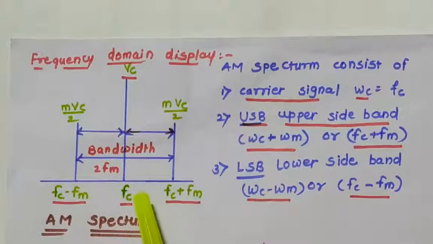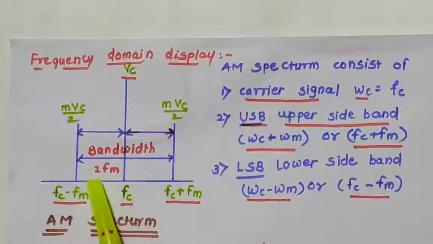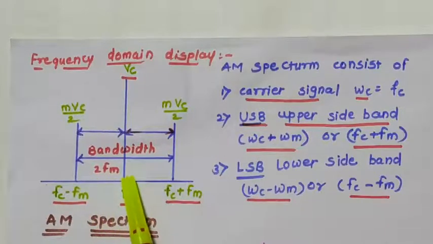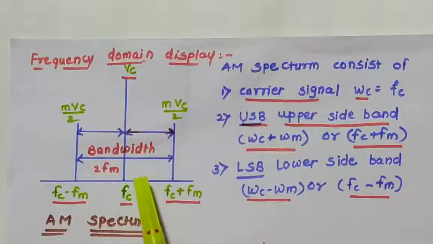The sidebands show the variation of information, that is the modulating signal, on both sides of the carrier from Fc minus Fm to Fc plus Fm. That is, we can say the bandwidth is twice Fm. This is the bandwidth of the amplitude modulated signal.